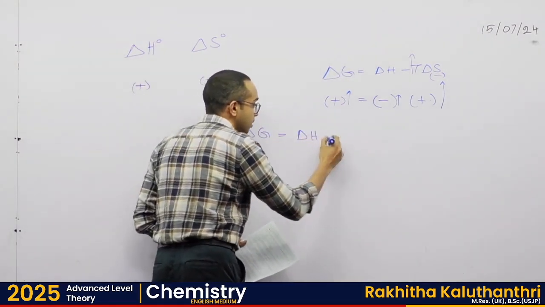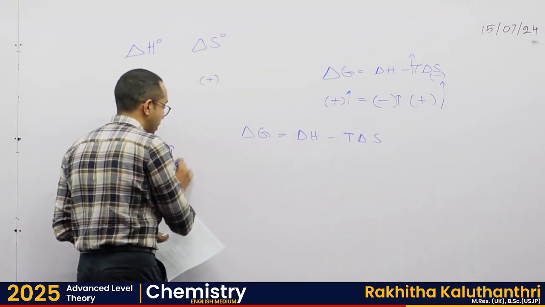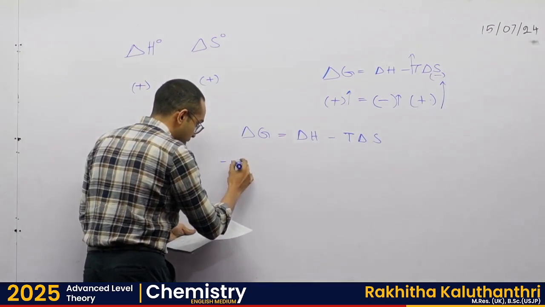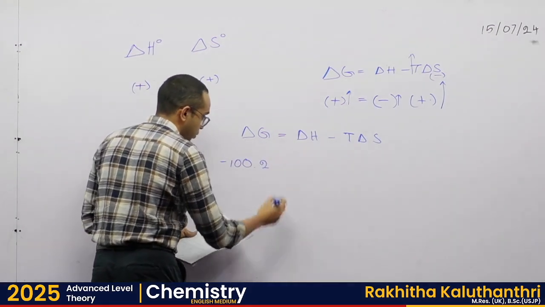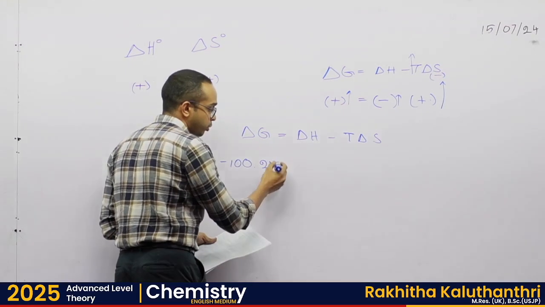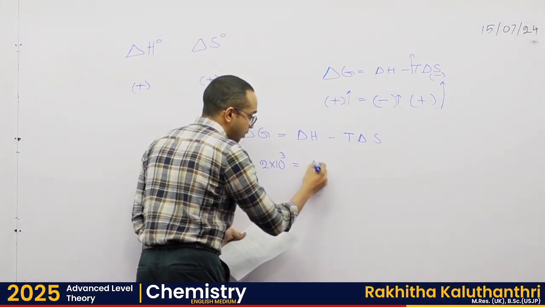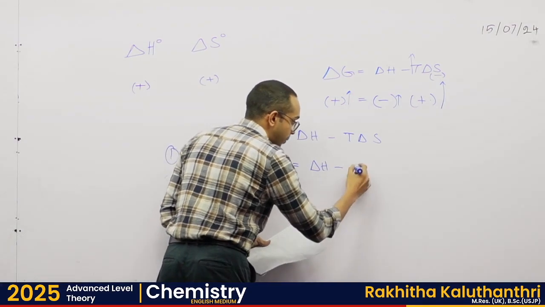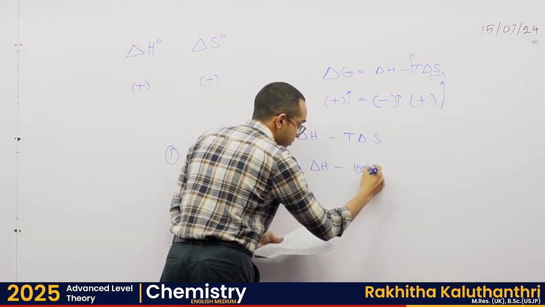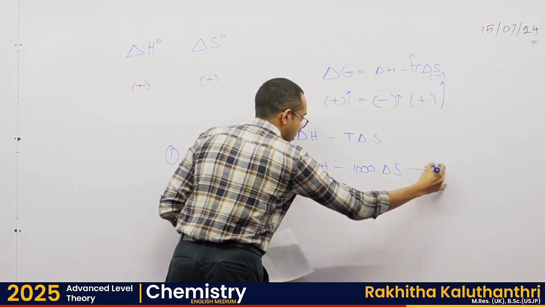Delta G = delta H minus T delta S. For reaction number 1, delta G was minus 100.2 kilojoules per mole. So this is kilojoules, we'll write it as joules per mole by multiplying with 1000. Delta H we don't know. Temperature is 1000. Do we know delta S? No, we don't. So this is expression number 1.